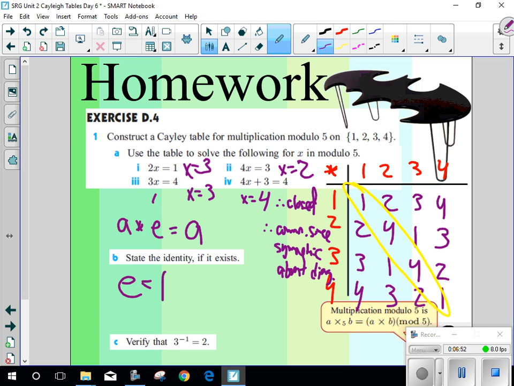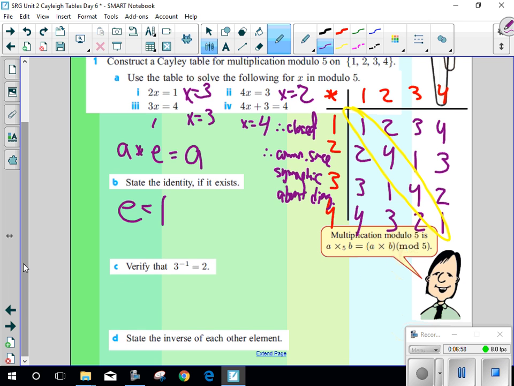When we're looking at the inverse, we're actually looking at that right here. So the 3 inverse is equal to 2. What we're saying there is 3x is equal to 2. So 3 to give you 2, 3, 2, what would the inverse be?